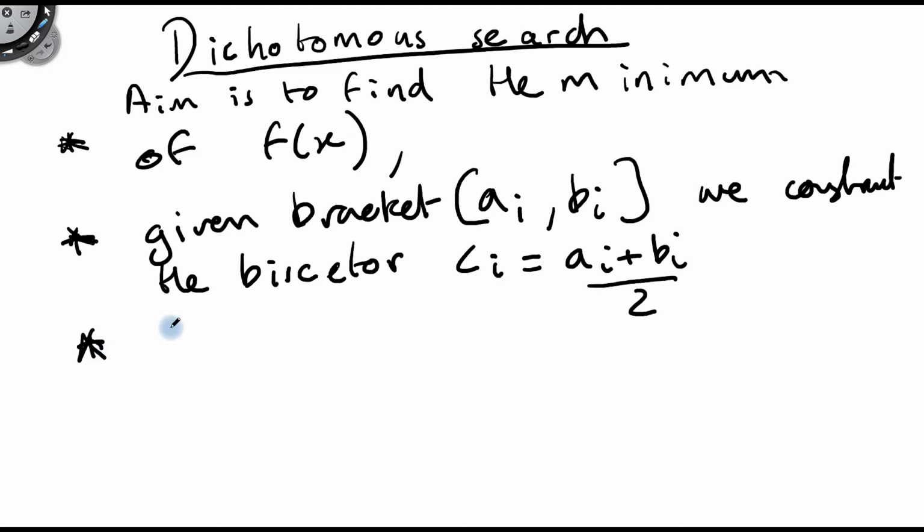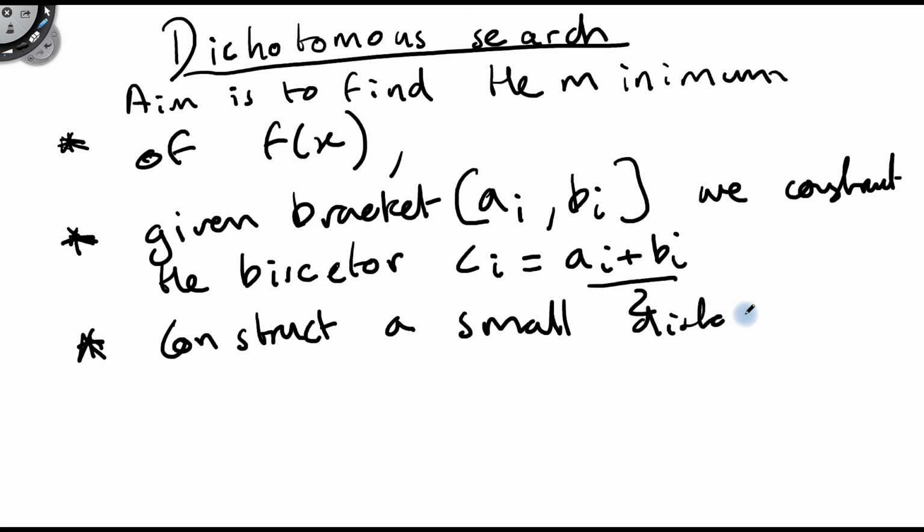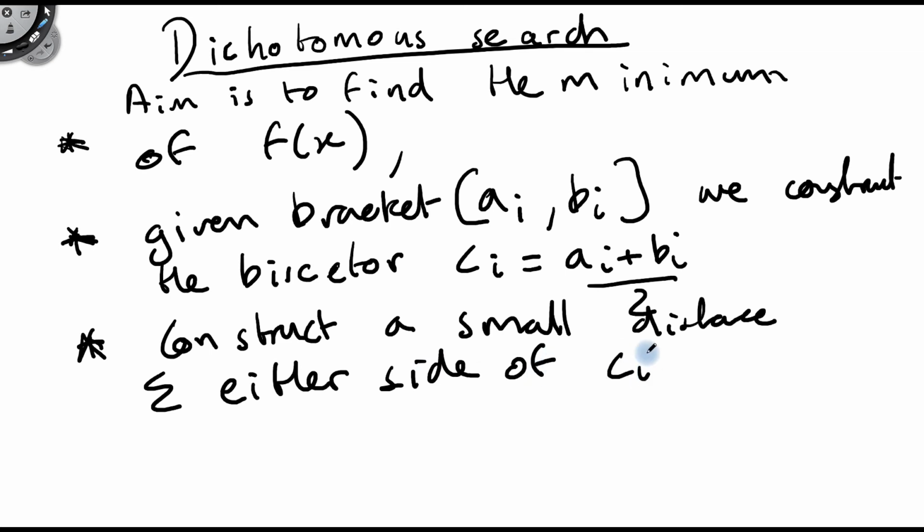Then we construct a small distance epsilon, which you have to define at the beginning of your algorithm, either side of CI.